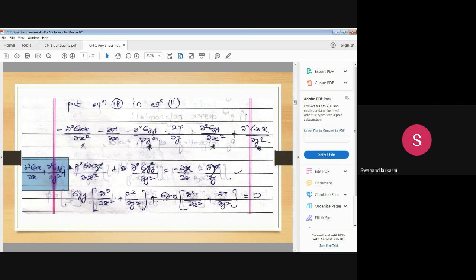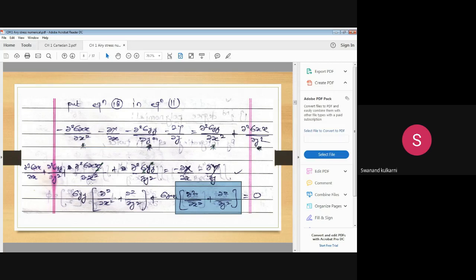If we bring together the similar terms, taking σyy common from the first term and σxx from the second term, then we will get this differential operator as a bracketed quantity: ∂²/∂x² plus ∂²/∂y², that is the Laplace operator that we know.